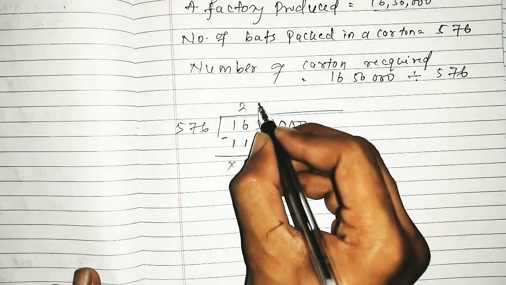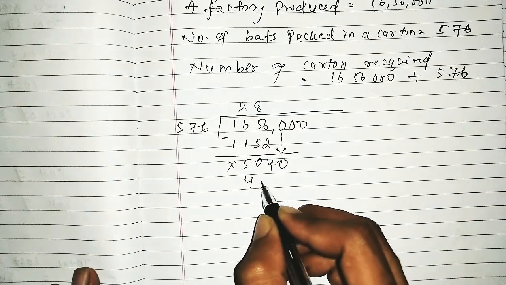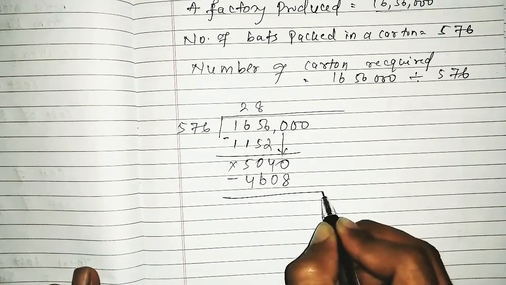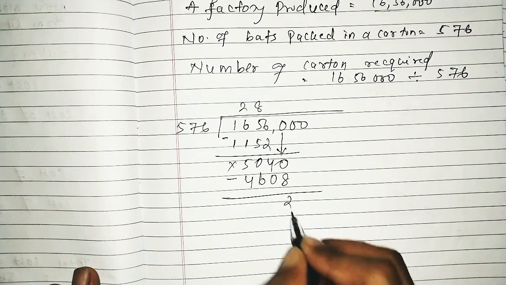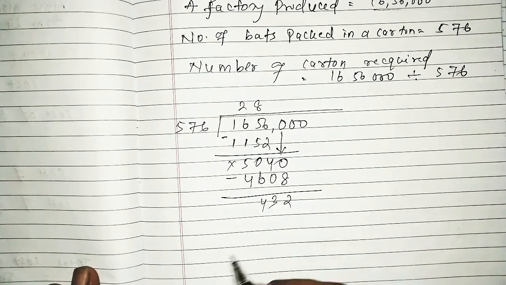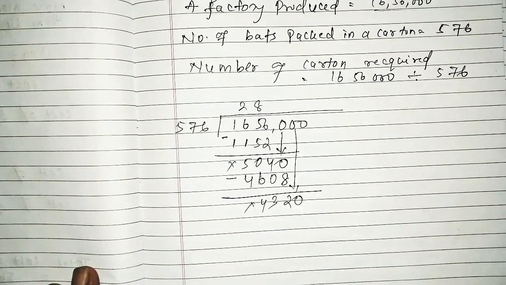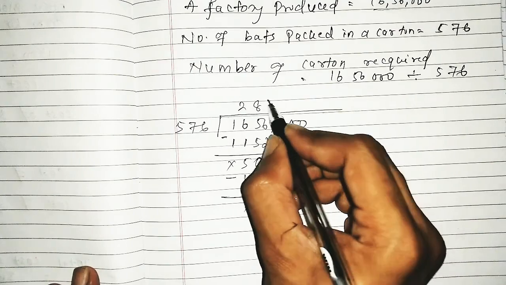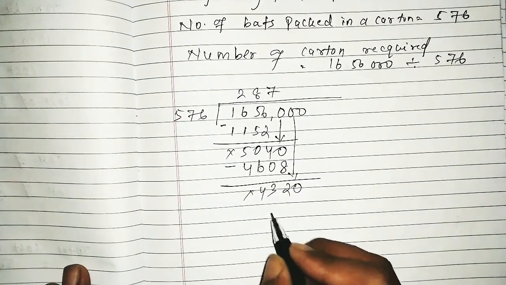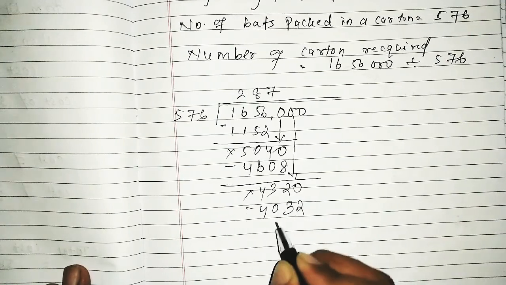Then 8 times, that is 4608. Subtract this, 2,3,4. Again put the 0 here, then 7 times, that is 4032.